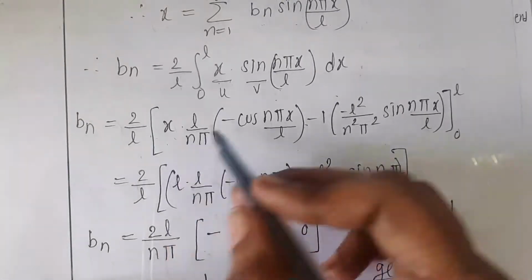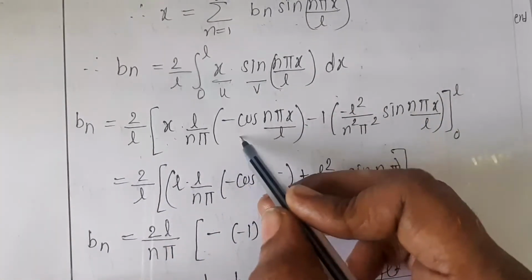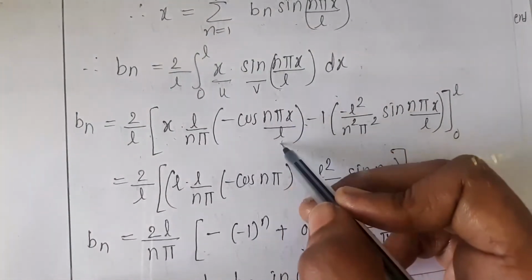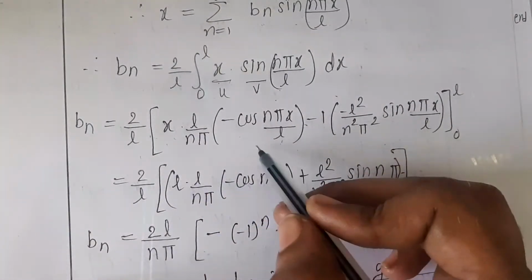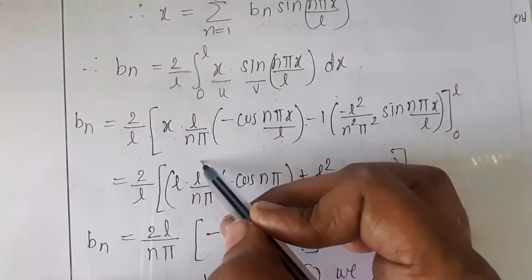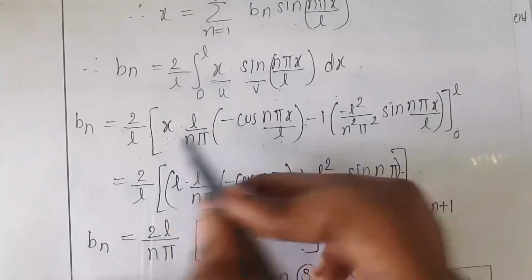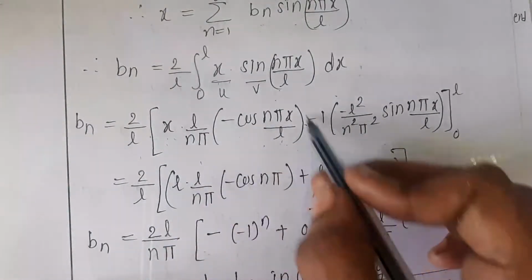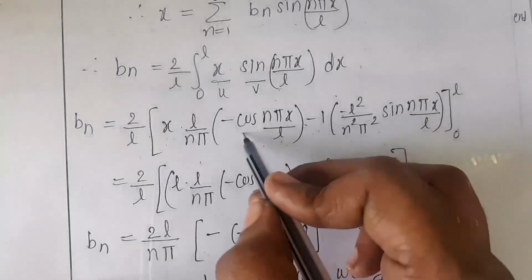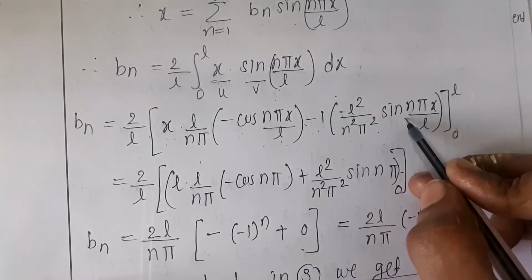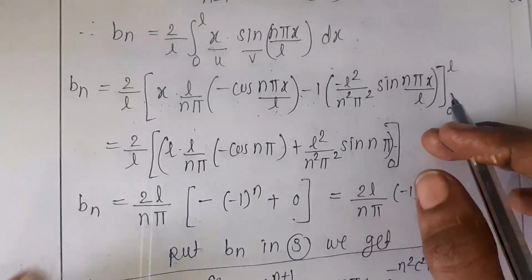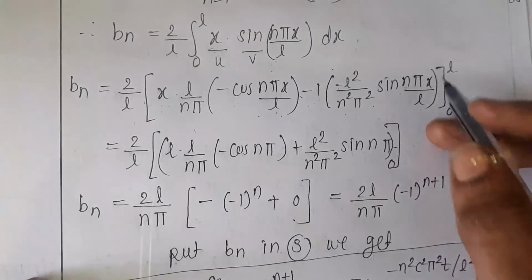So x times the integral of sine is -cos(nπx/L) divided by nπ/L, which can be written as L/nπ, minus the derivative of x, which is 1. Again integrating the same term gives minus L²/n²π² multiplied by sin(nπx/L), and the limits are from 0 to L because the rod length is L. So it starts from 0 to L.